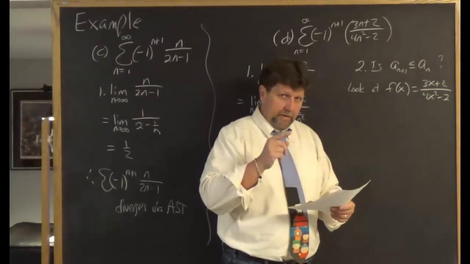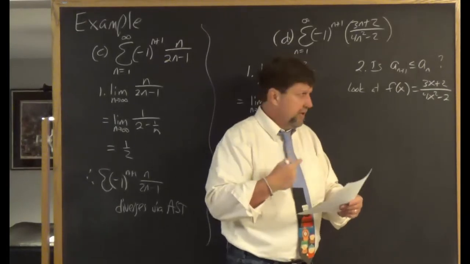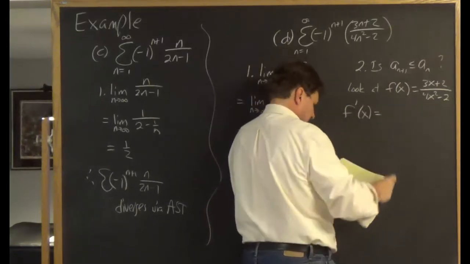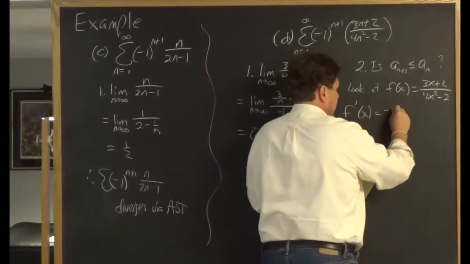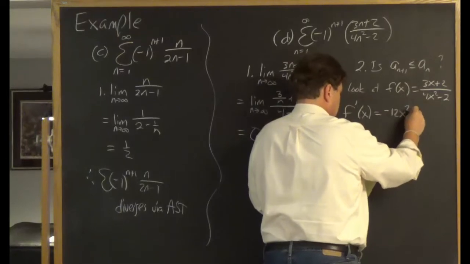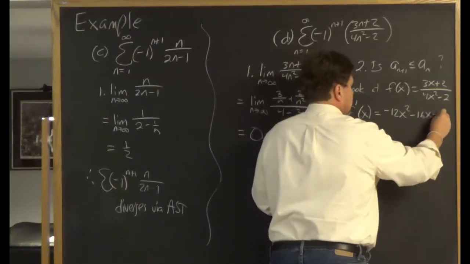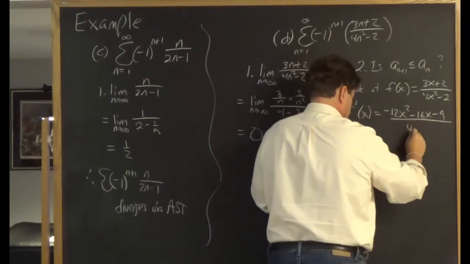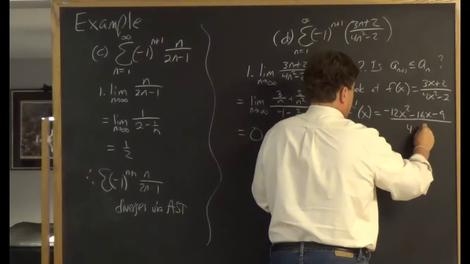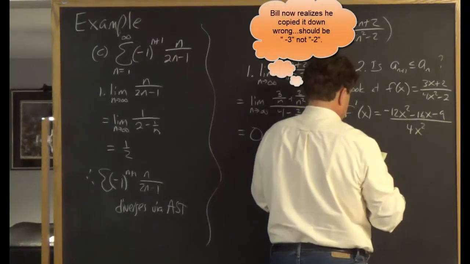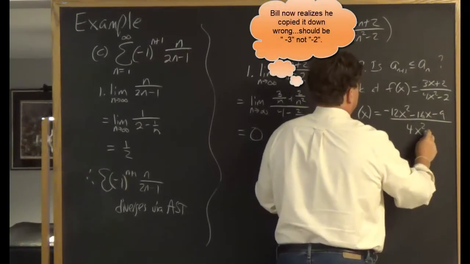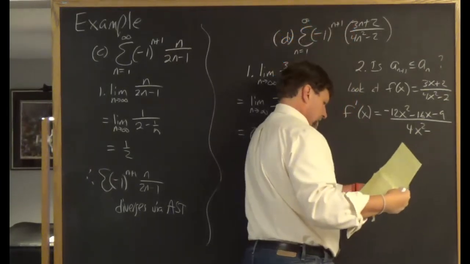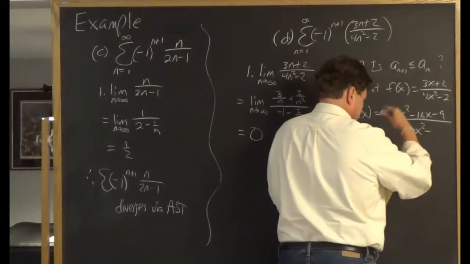So get the derivative of this function, and I get the derivative to be negative 12x squared minus 16x minus 9 all over 4x squared minus, I think I have a typo here. I do. I don't have a typo, I have a typo on the board.